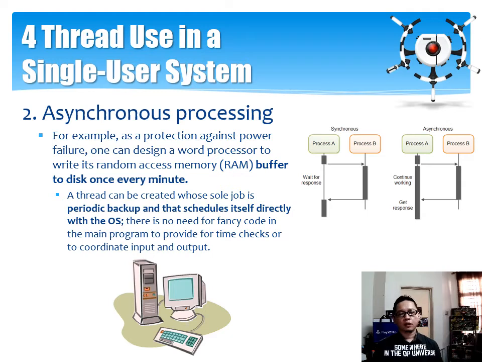Because sometimes you don't have to do a backup all the time. You can set it as, let's say, every 5 minutes you do one backup of the file. So this helps if you have a multi-threaded program where you can set up the child process to do the backup, while you can have another task do the typing and sending information to the process.